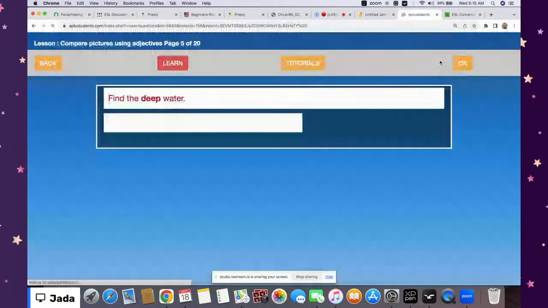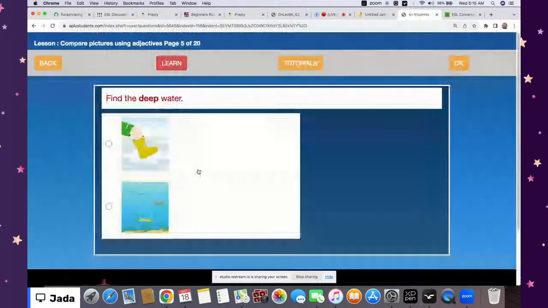All right? Now, find the deep water, the first or the second. Find the deep water. Which one is the deep water, first or second? The second one.